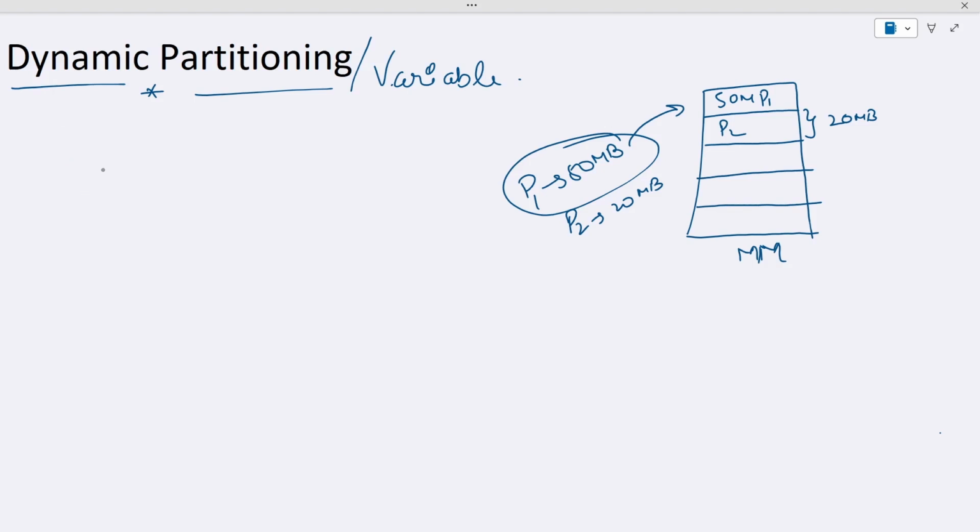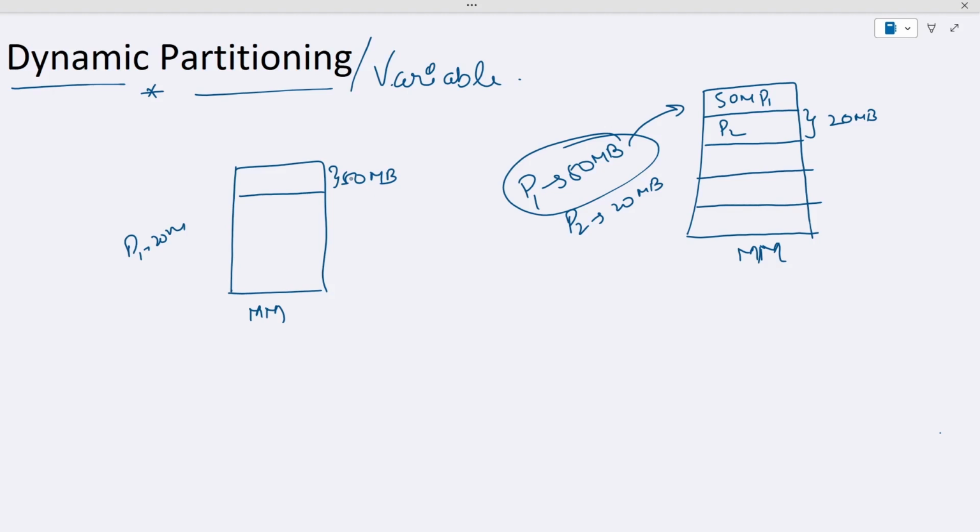Now, it was basically designed to overcome the problem of fixed partitioning, because in fixed partitioning there is a fixed space. Let's say this is the main memory, and process P1 is 20 MB while the block size is 50 MB. Because it's fixed partitioning, the space is already predefined.